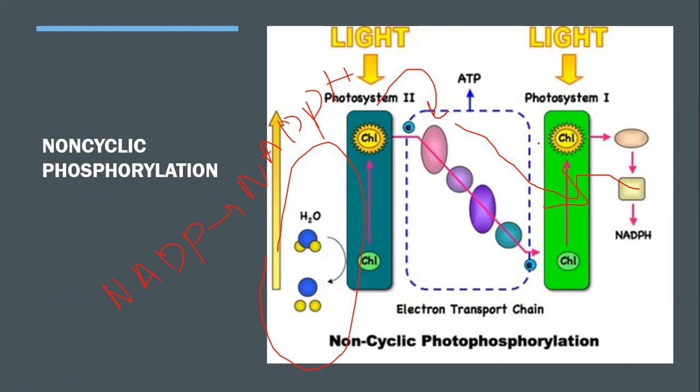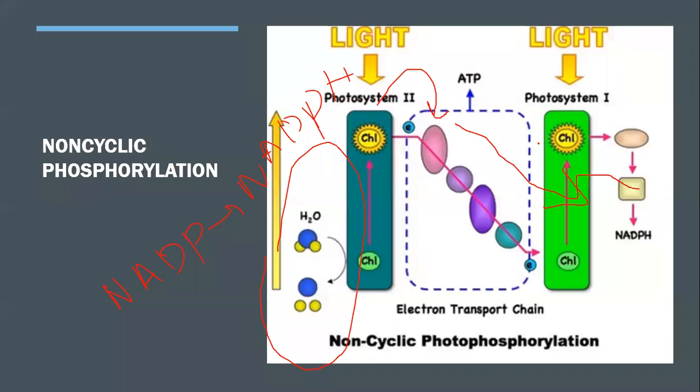The NADP is then going to get reduced and turn into NADPH. The NADPH that is produced and the ATP provide the compounds that you need to actually make glucose.